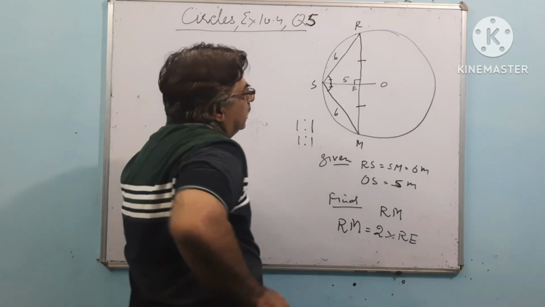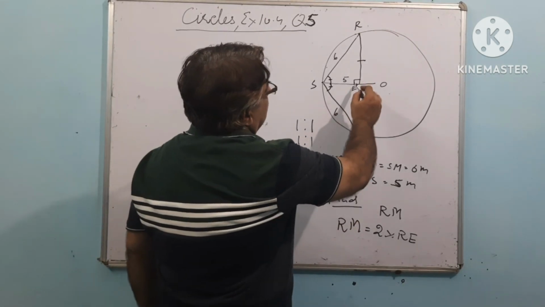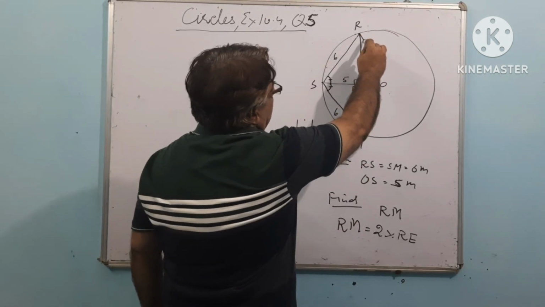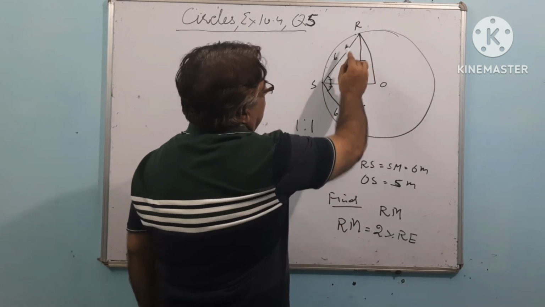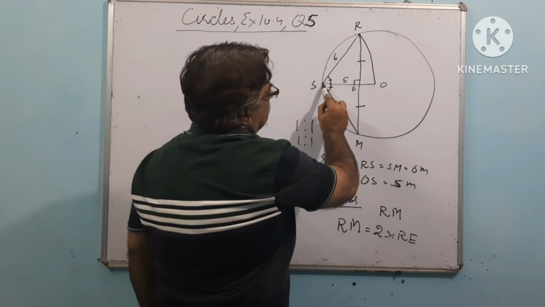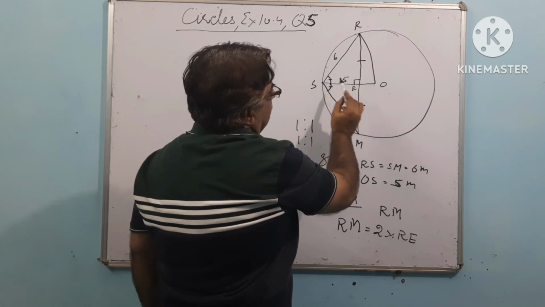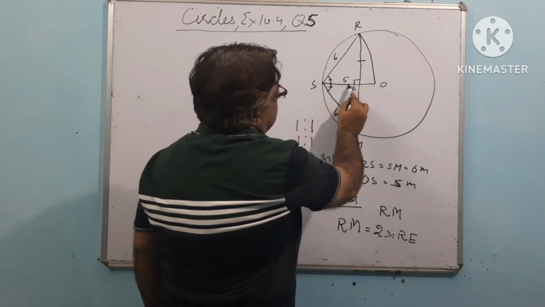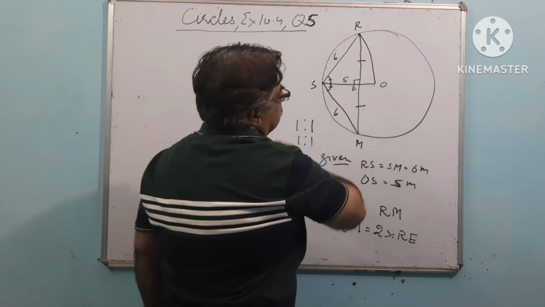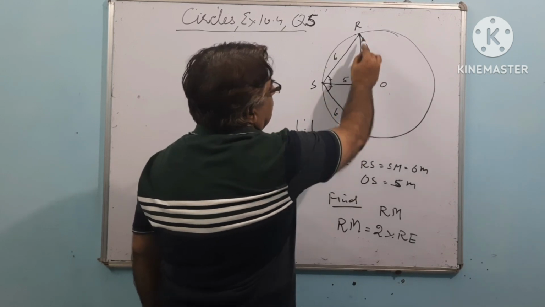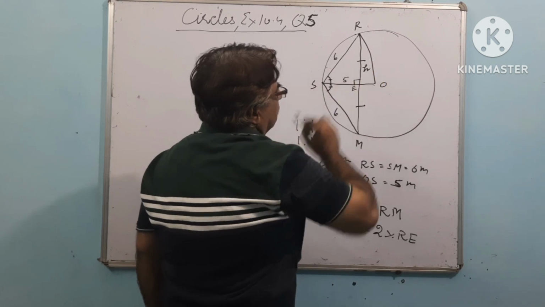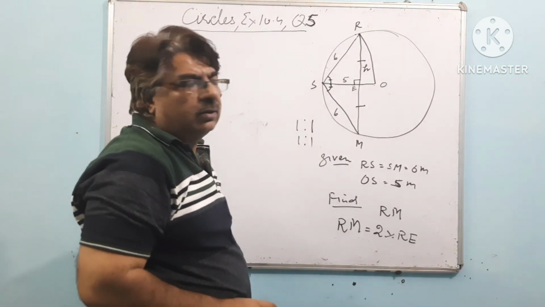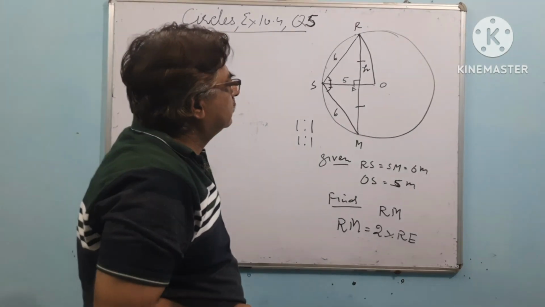Now you can see, if we join RO, this is a triangle ROS. In this triangle, this is the base SO, which is 5 meters. RE is the height of the triangle, the altitude of the triangle.